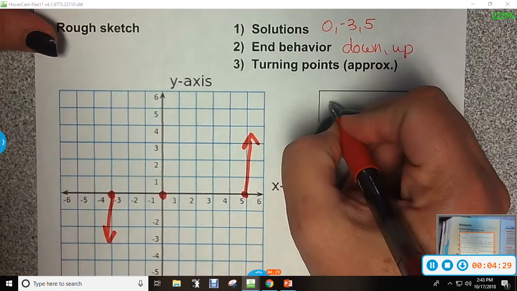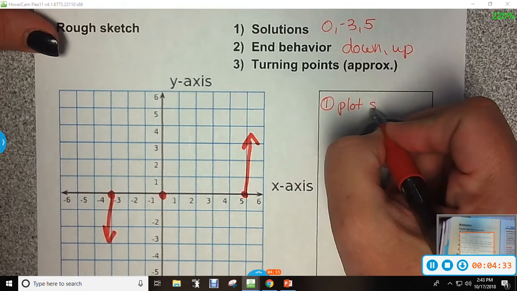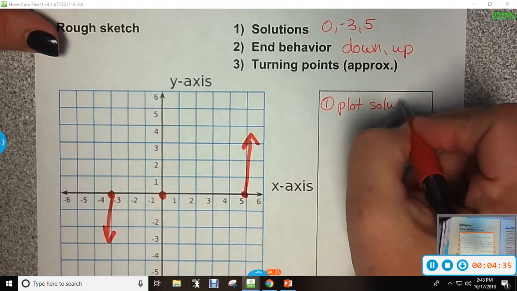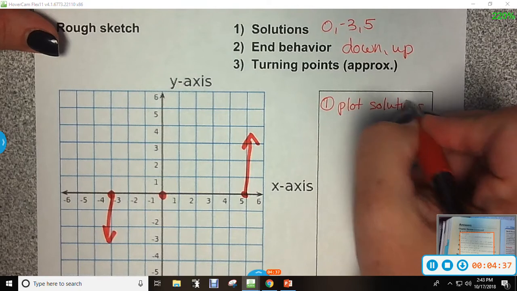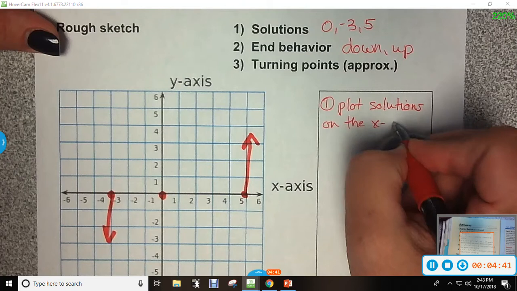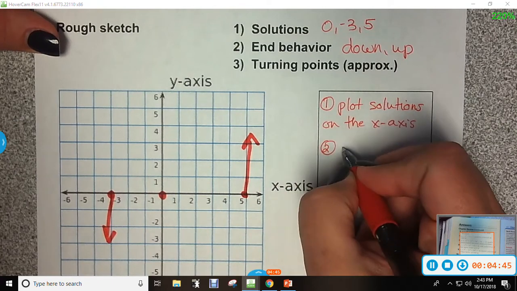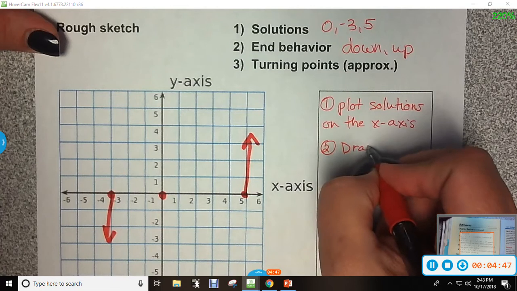Okay, so let me put my steps over here. First, I plot the solutions on the x-axis. And I draw in the end behavior.